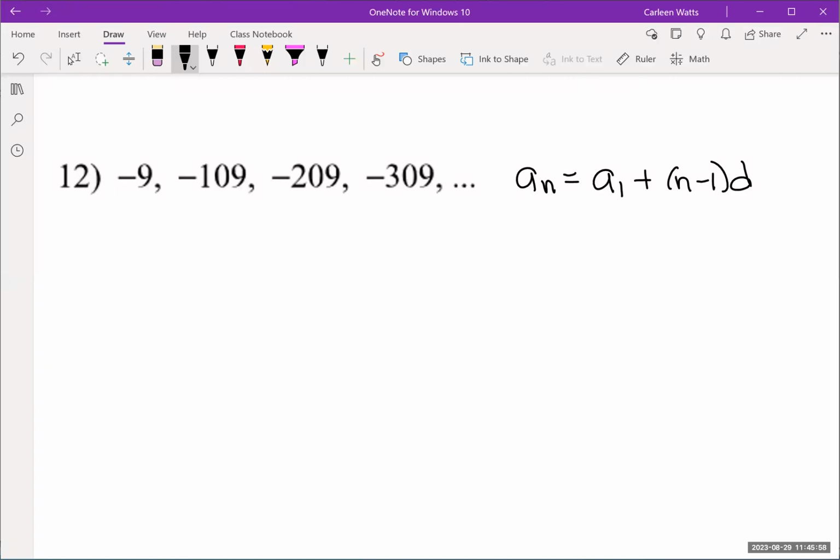I'll go back to number 2 so you can see it in just a minute. I need a sub 1 and I need d. How much is a sub 1? -9. And how much is d? Careful. -100. Yeah, -100, right? It's going down by 100.